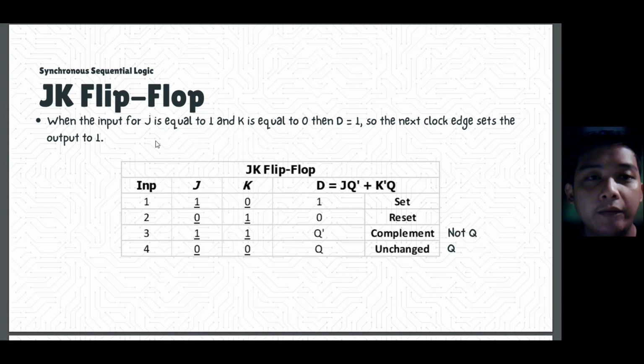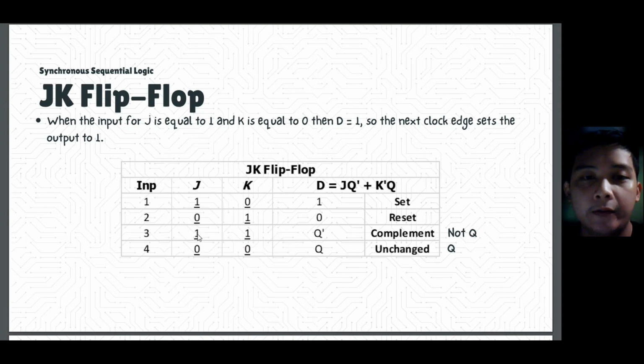When the input for J is equal to 1 and K is equal to 0, then D is equal to 1. Then the next clock edge sets the output to 1. When J is equal to 0 and K is equal to 1, then D is equal to 0. So the next clock edge resets the output to 0.